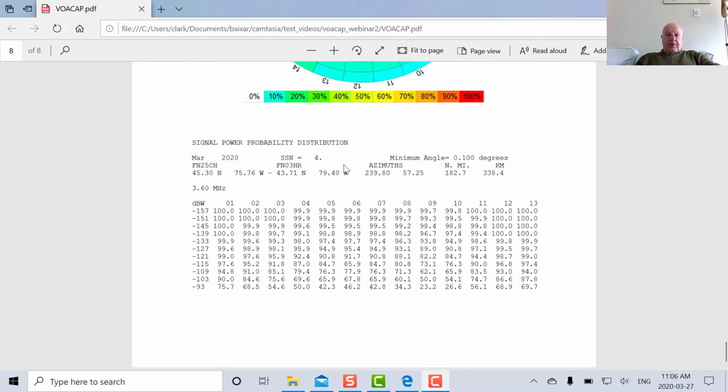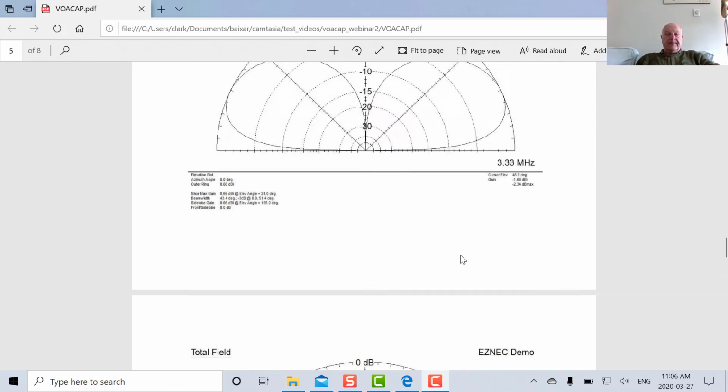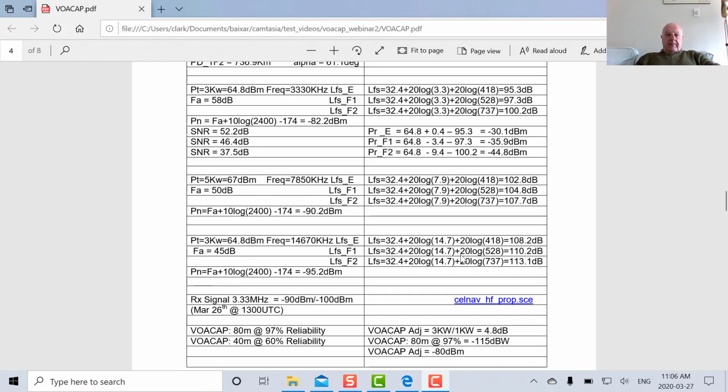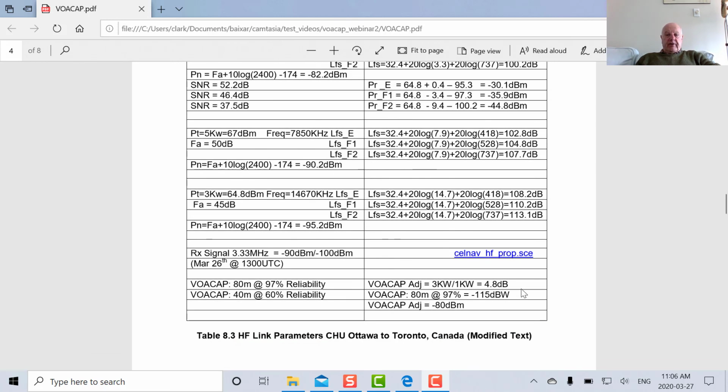If you go down to the signal power probability distribution, let's look at 1300. So at 1300 hours, 97% reliability corresponds to a signal of minus 115 dBW. Now remember, our power is actually 3 kilowatts, so it's about 4.8 dB bigger than 1 kilowatt. So I have to adjust that minus 115.